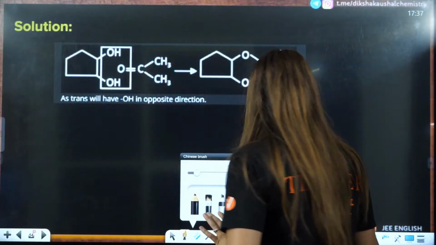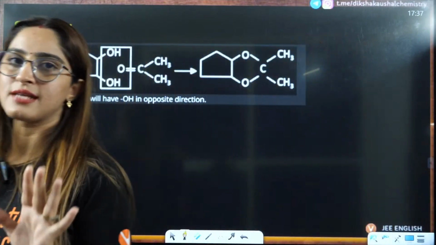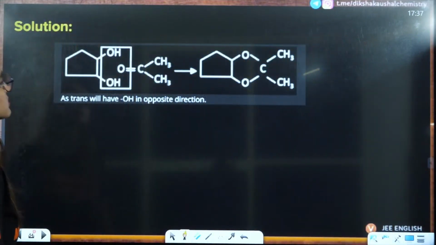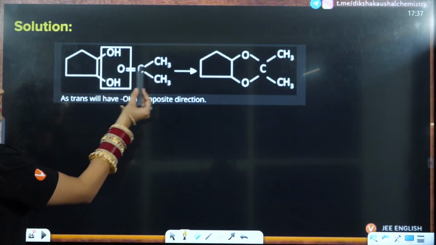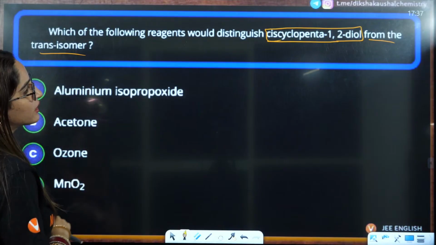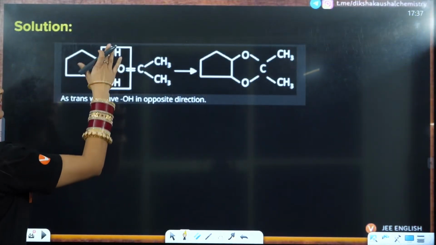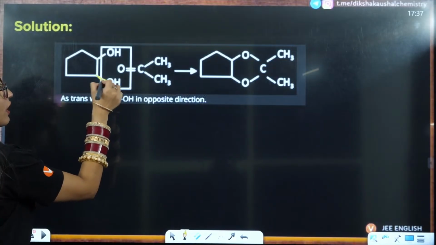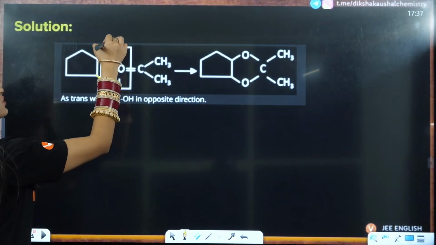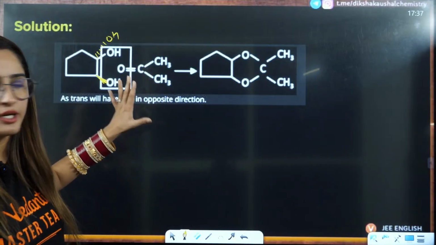See, this is your cis and trans. So what we have to use here is, right? What was given to us? Cis-cyclopentane-1,2-diol, right? In cis, both OH groups are on one side, and in trans, one position here, one position there, so it will not show any reaction here.